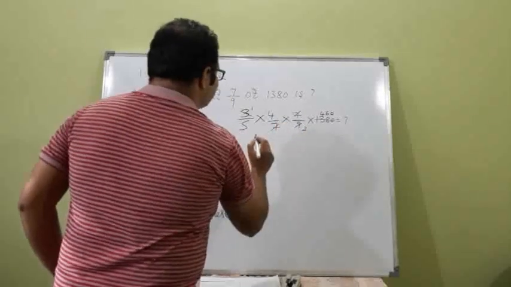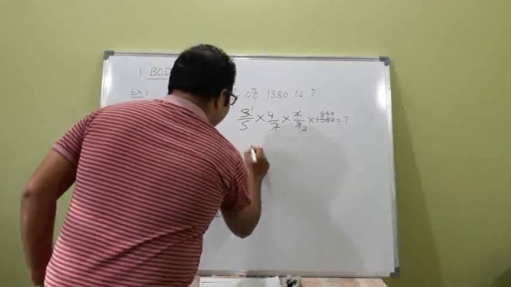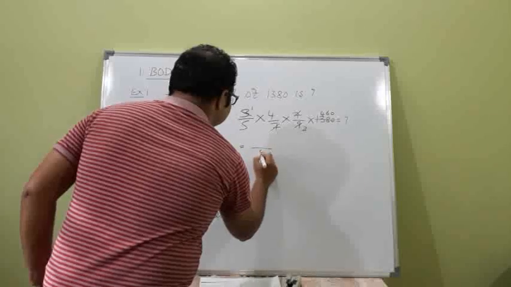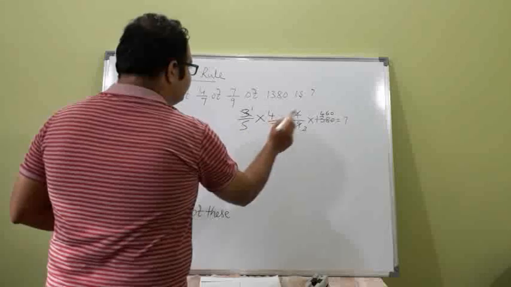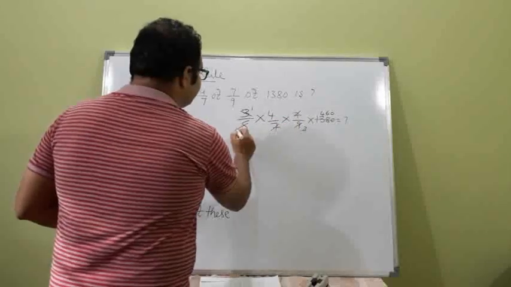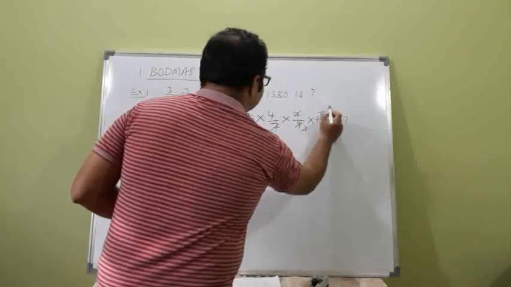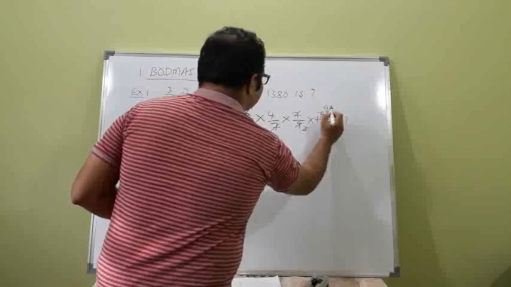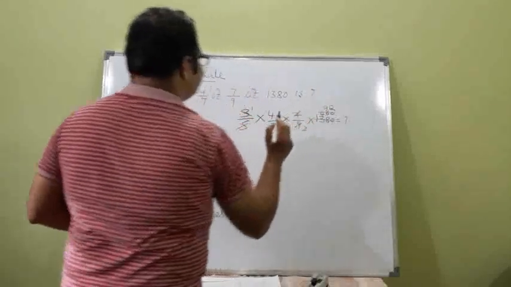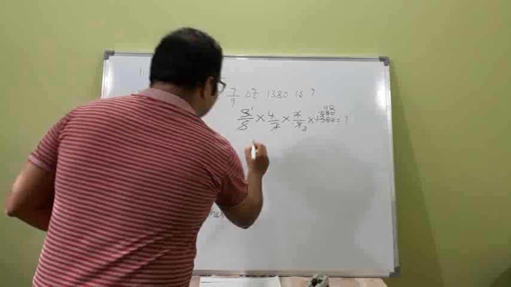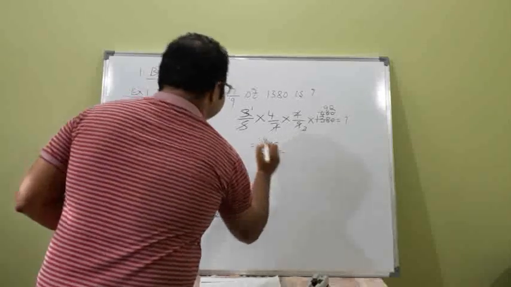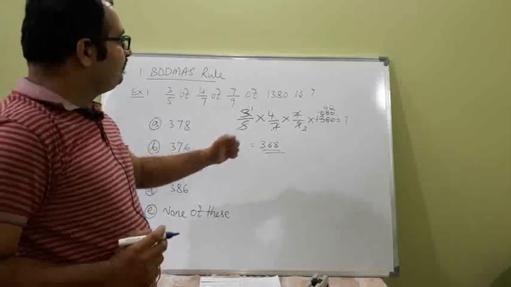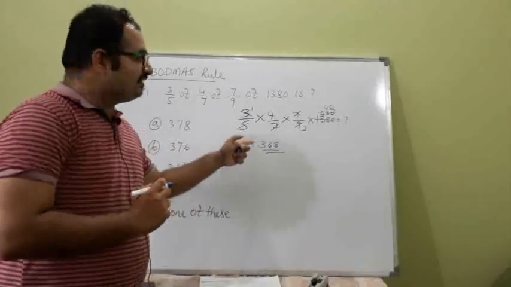So 460 into 4 divided by 5. In the denominator we are left only with the 5. 5 nines are 45, 5 twos are 10. 92 into 4 is 368. So the answer for this problem is 368.